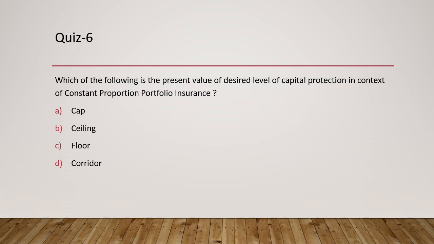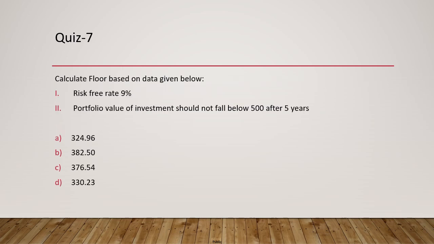So the floor is the concept which helps you not fall below a limit, right? So you are on the floor at all times. So the answer for this would be floor. We do have cap, ceiling and corridor as options, but those are typically spoken of in the context of interest rates only.